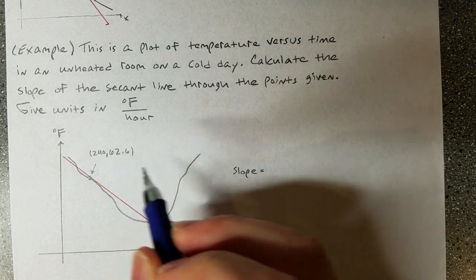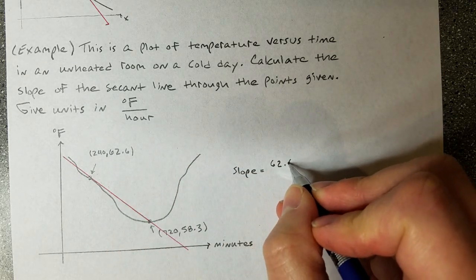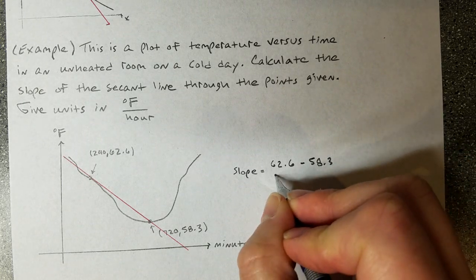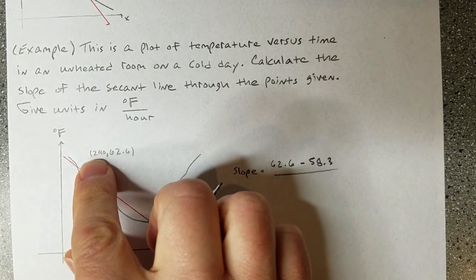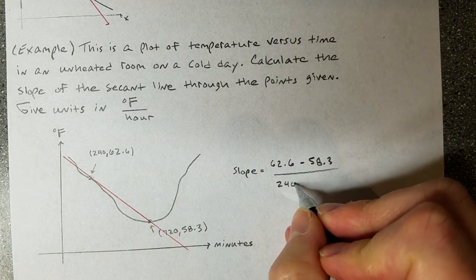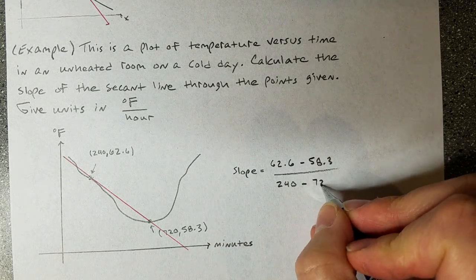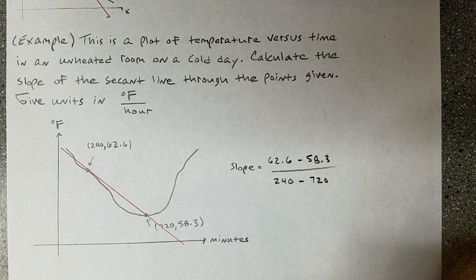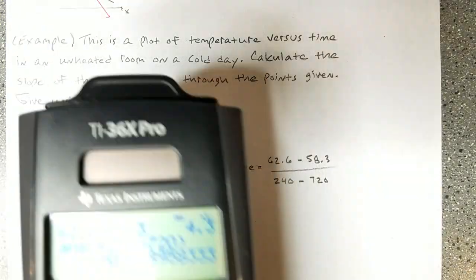Let's take 62.6, take away 58.3, and then I take 240 minus 720. I'll do my calculations off screen. But 62.6 minus 58.3, and then I divide that by 240 minus 720. So here's the number I get.